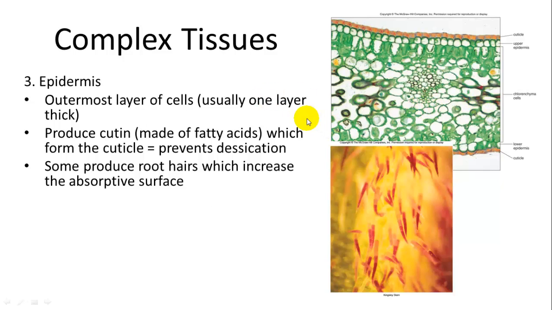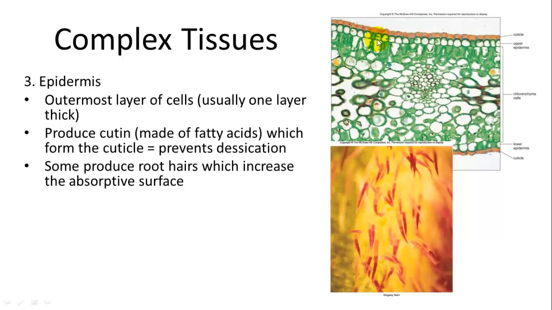The epidermis then, the outer layer of cells, is another complex tissue, usually one layer thick, and produces different types of structures, including the cuticle, which is found on leaves, which prevents desiccation, and that's a production of fatty acids.